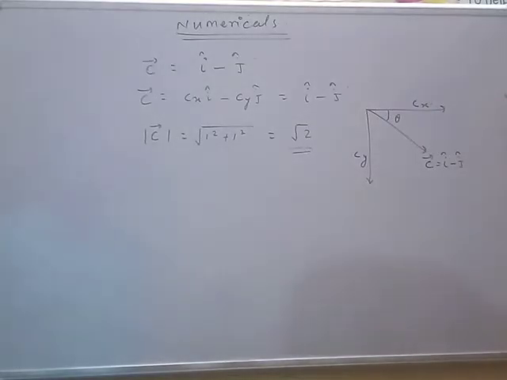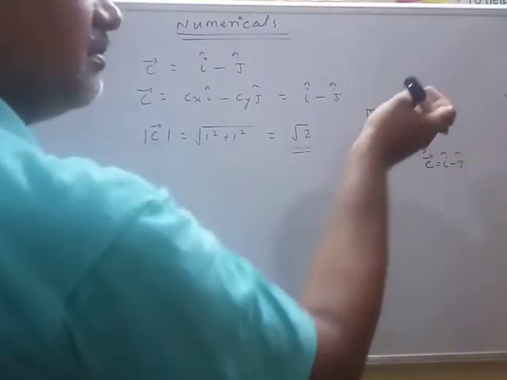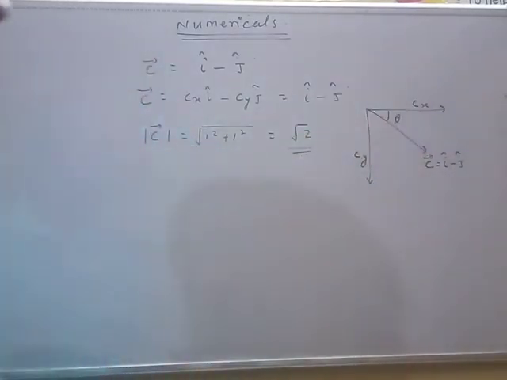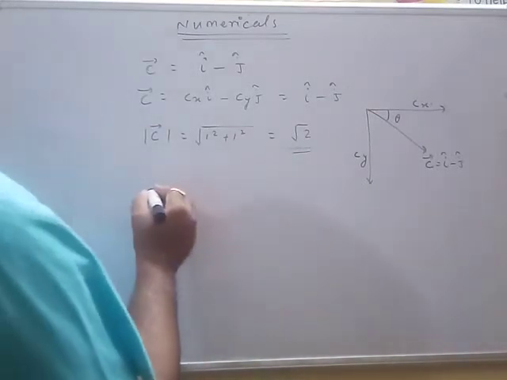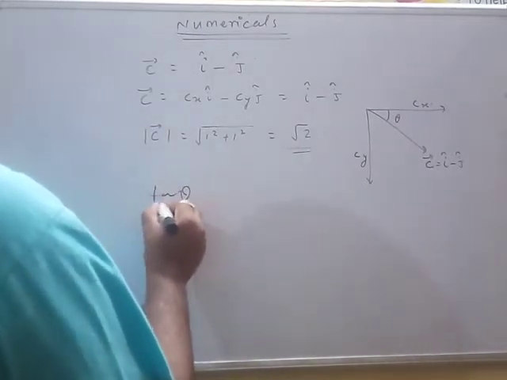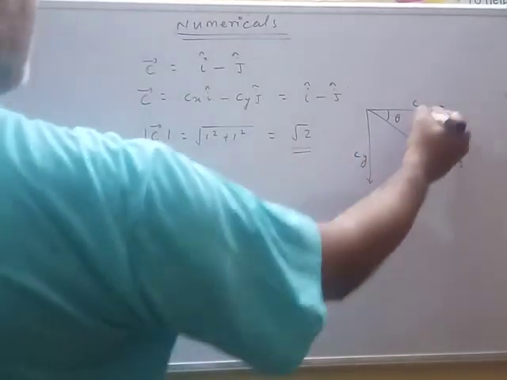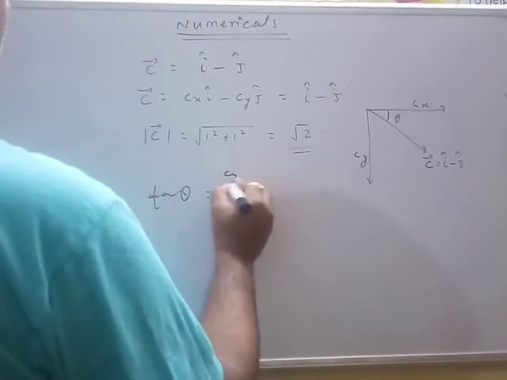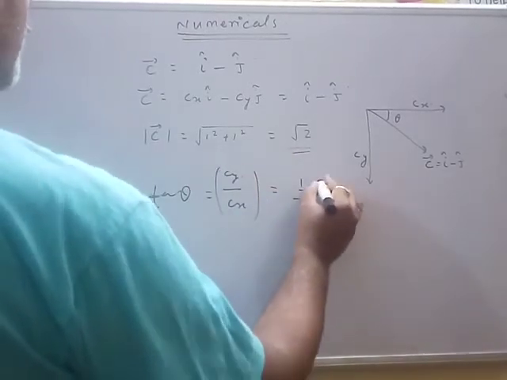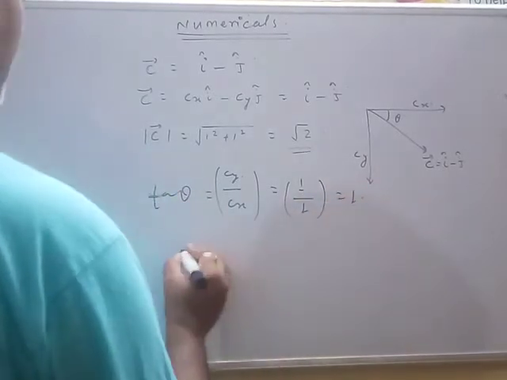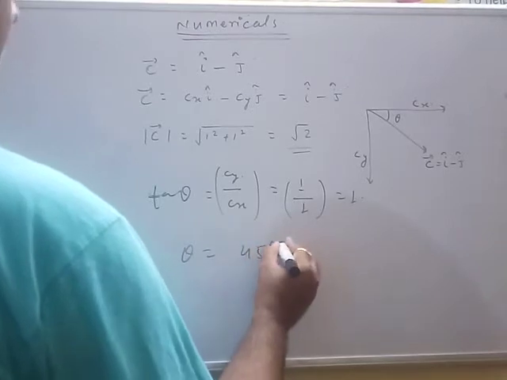Now here again we want to evaluate the direction of C with respect to the x-axis, or the direction of vector C in a plane. Then tan theta equal to, again, perpendicular by base, cy by cx, 1 by 1 equal to 1, theta equal to 45 degree.